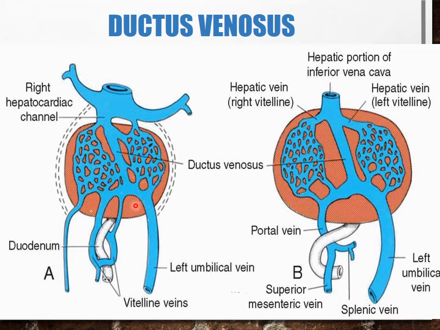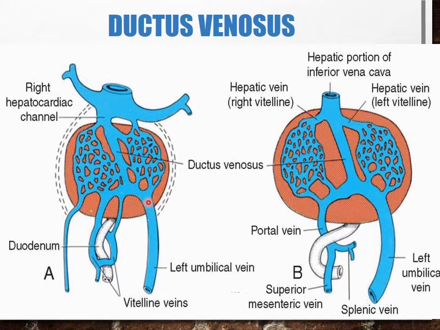Now moving on to the umbilical veins on both sides. Initially, the right and left umbilical veins split inside the septum transversum to form the hepatic sinusoids.